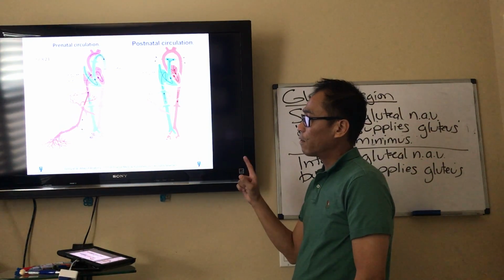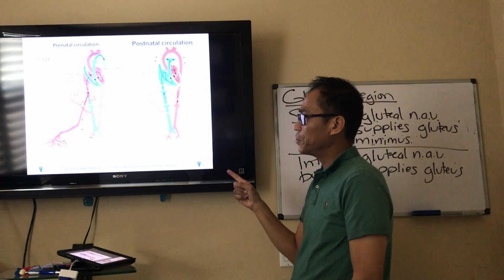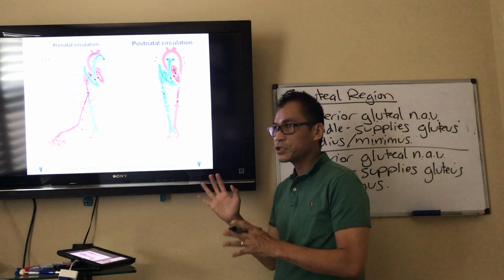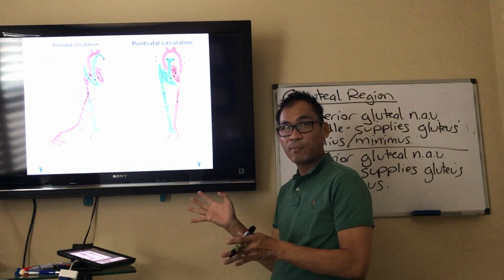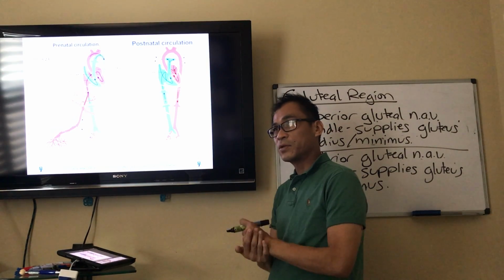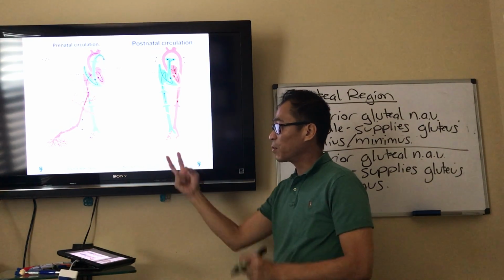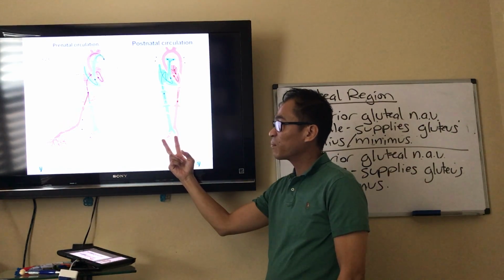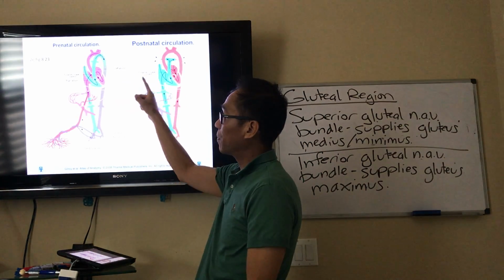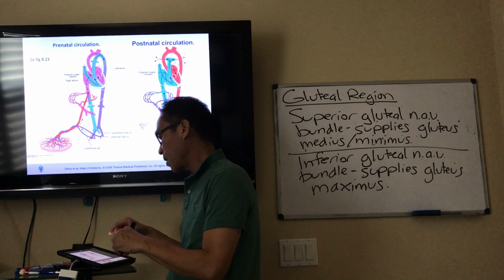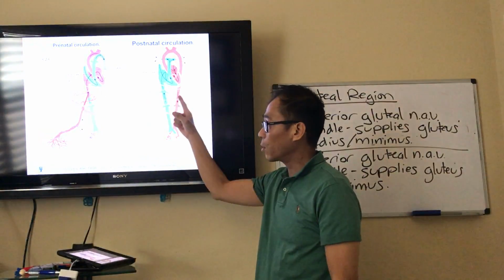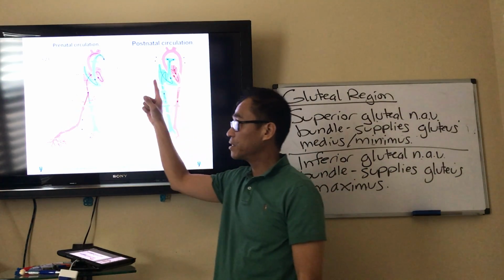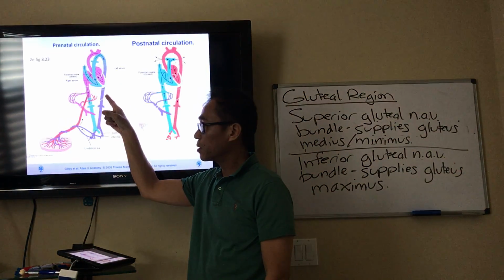To talk about fetal circulation, I introduce it here because I just taught the umbilical arteries and how they branch off the internal iliac artery. They're shown here. Now what you're looking at here is adult circulation contrasted with fetal circulation.